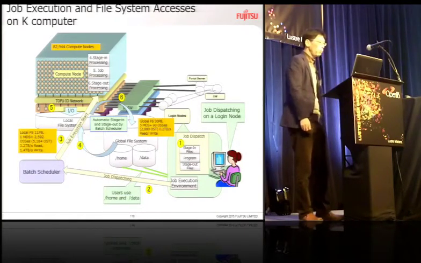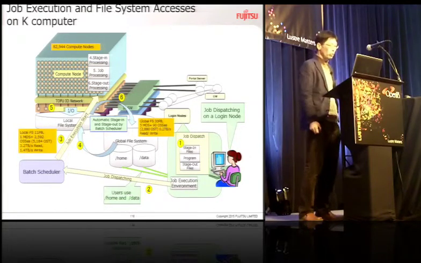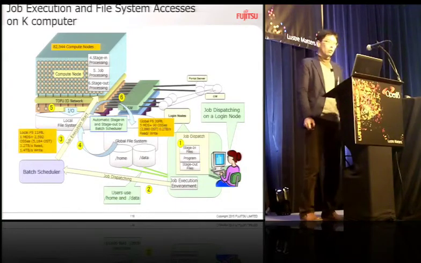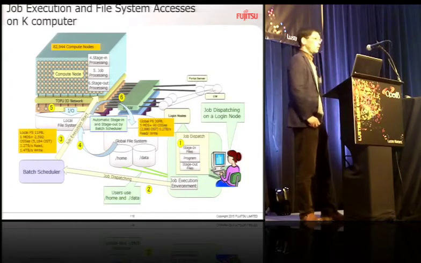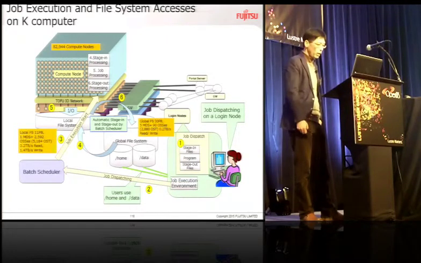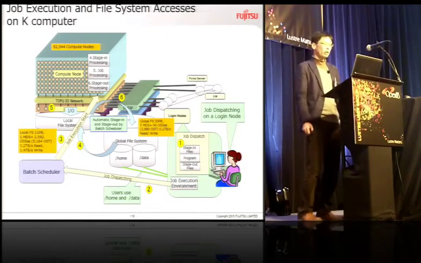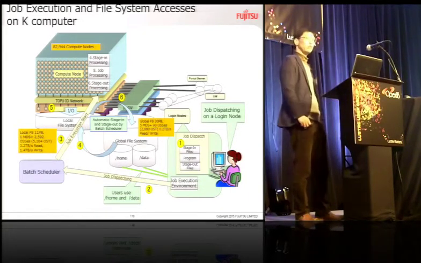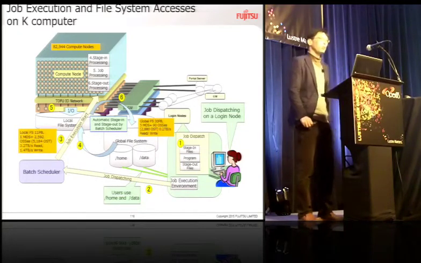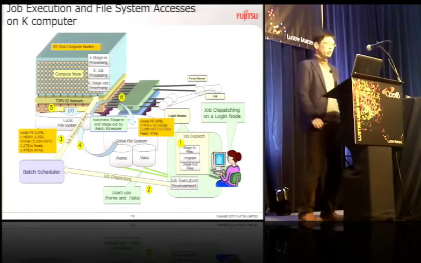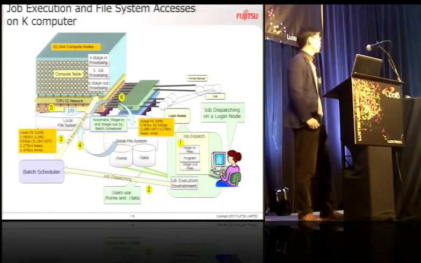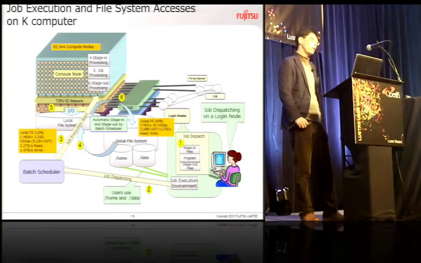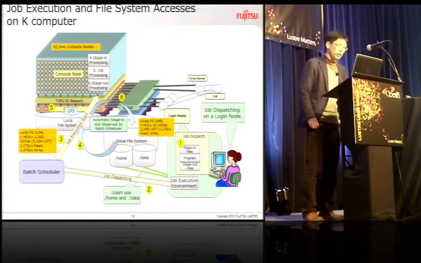That provides maybe 3.2 terabytes per second write and 1.4 terabytes per second read. When a user logs in, the user provides 3 things, number 1: the staging files, a program execution script, and stage-out files. After the user submits the job, number 2, the batch scheduler automatically transfers the files specified by the staging files, number 4, from the global file system to the local file system.